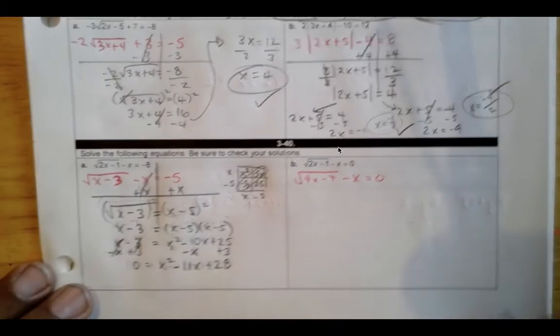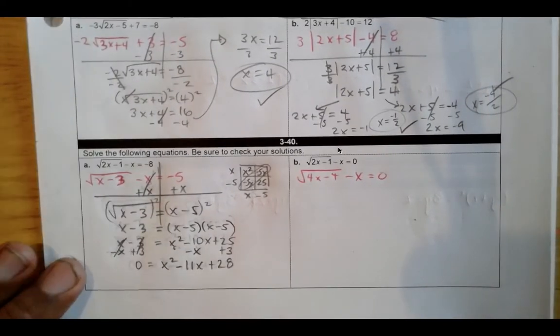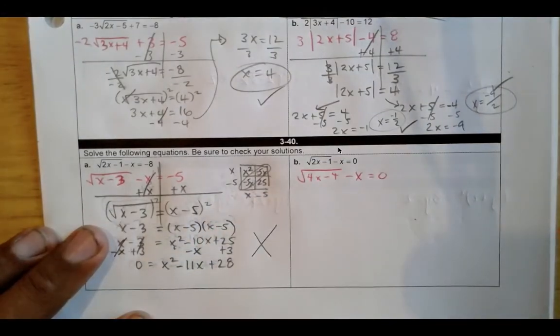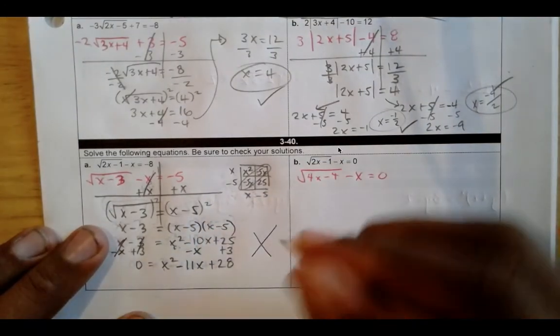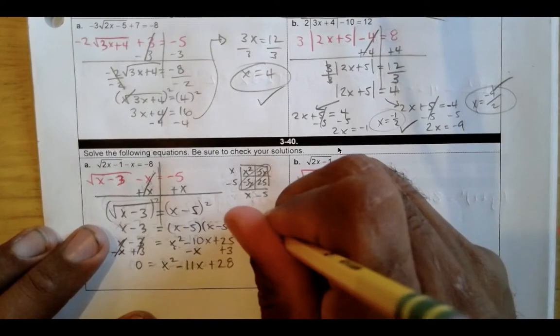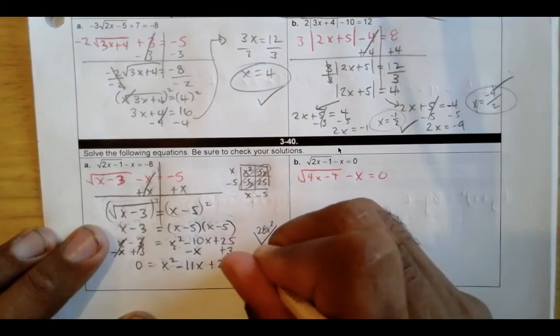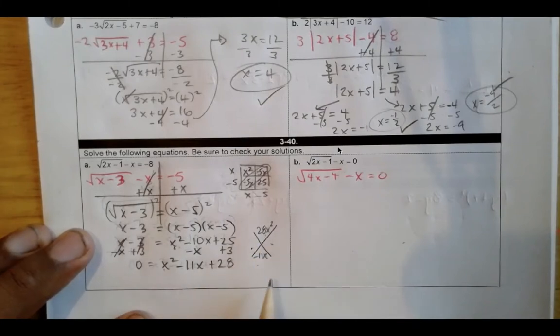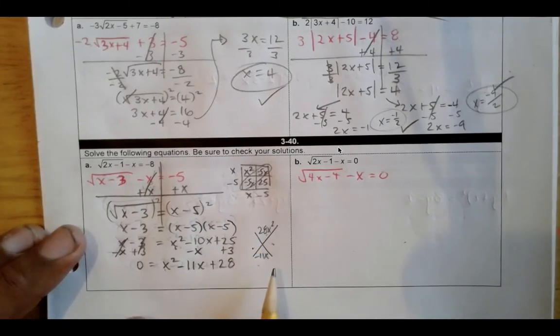Okay, so now what we want to do here is use the x in the box to be able to factor that out. When we have quadratics, we've got to factor. So here we'll have 28 in the box, and the bottom will have -11x. We need two numbers that multiply to 28, but also add up to -11.